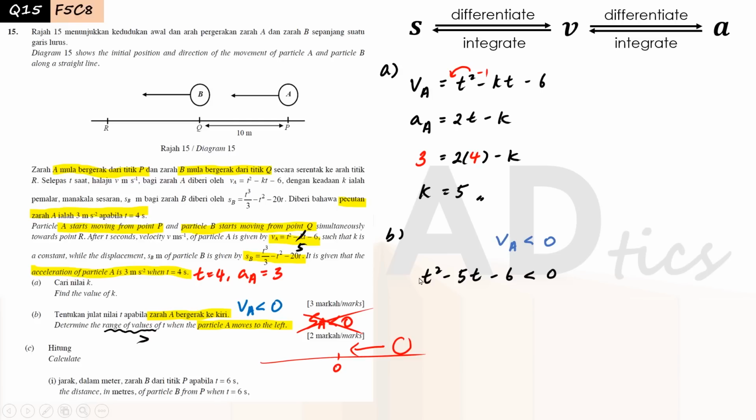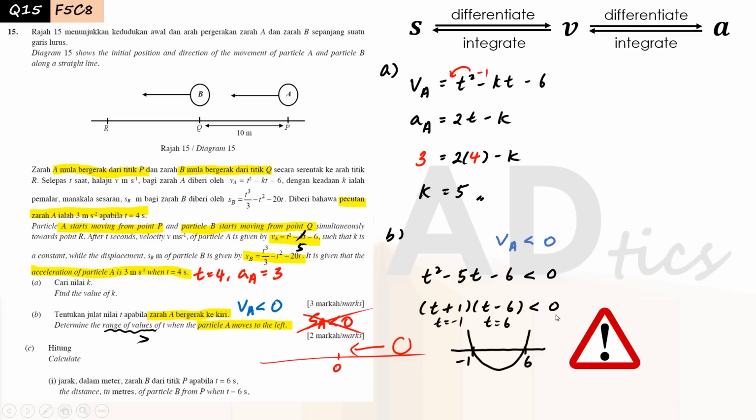But first, let's find the two values of t. So here we need to factorize it. You all can use a calculator. So here, the first one is the value of t is negative 1, and the other one is 6. So you put the lower value of t here and the higher value of t here.